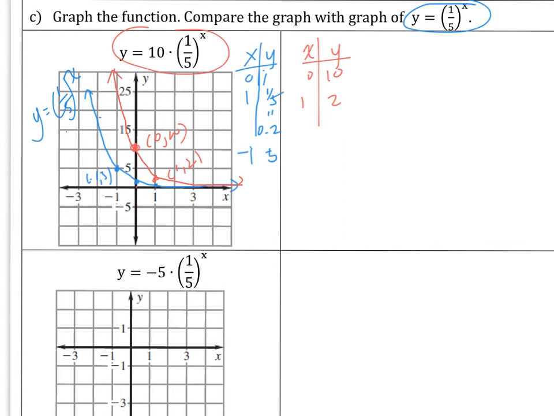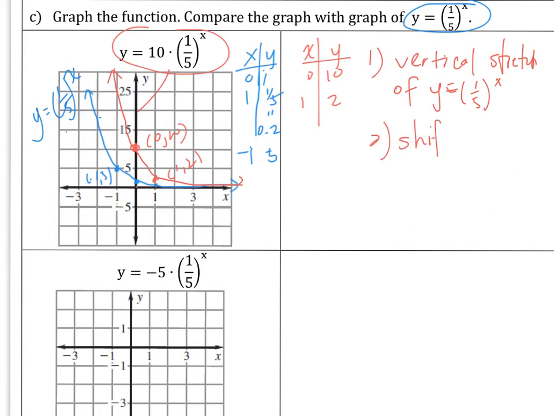Okay, as you can see, this graph is a vertical stretch of y equals 1/5 to the x power. It also shifted upwards to (0, 10).